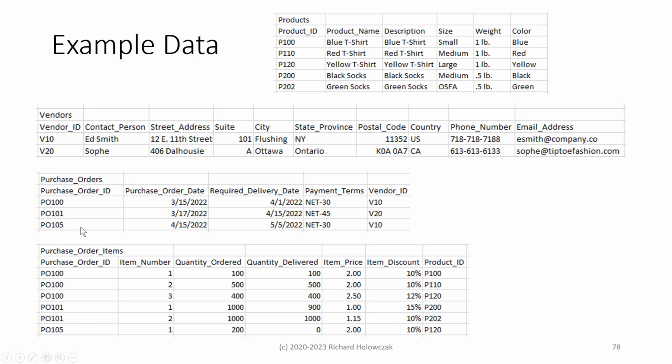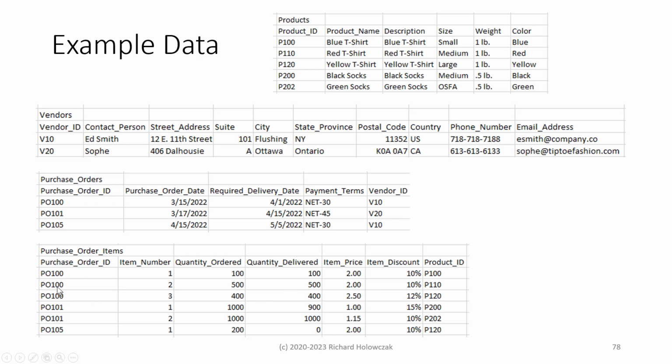If we're interested, let's say, in purchase order 100, that also went to vendor 10, and we can see that there are 3 item numbers. Purchase order 100, item 1, that's product 100, a blue t-shirt. We ordered 500 of the red t-shirts, and we ordered 400 of the yellow t-shirts.